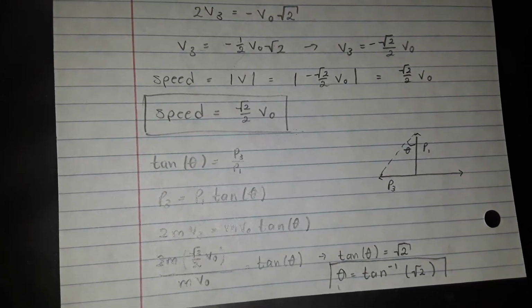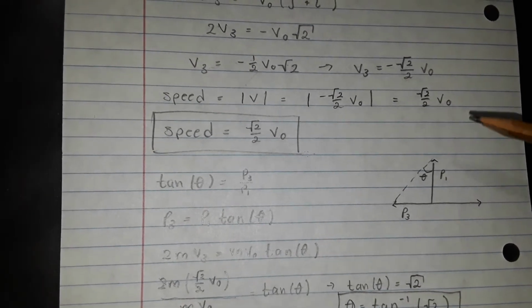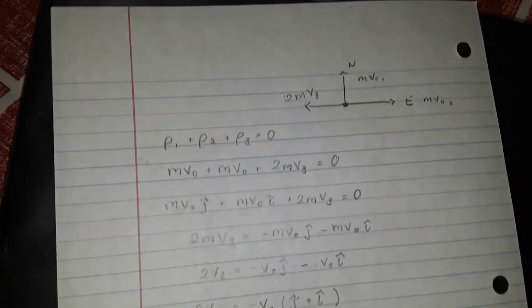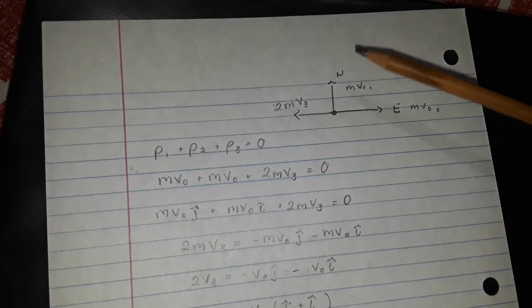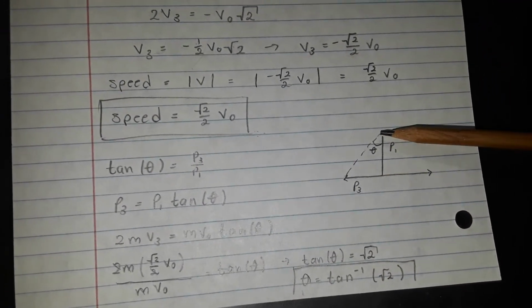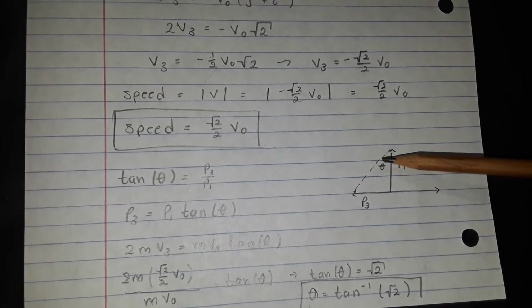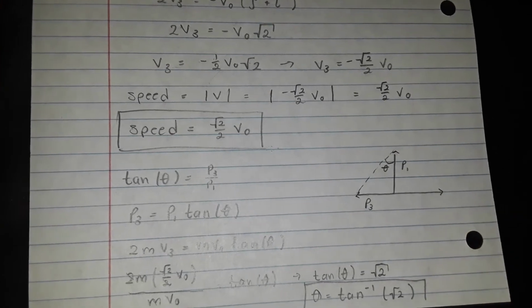Now we want to find the angle, the direction of that particle as an angle from the north. Right here we know this is our momentum in the north, and we are going to have an angle in between those two.